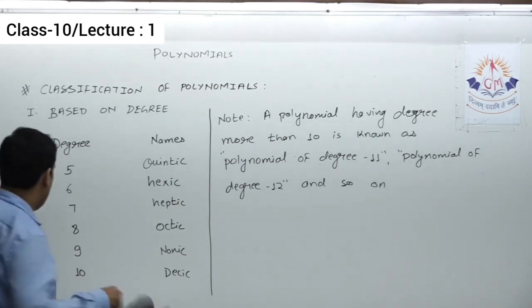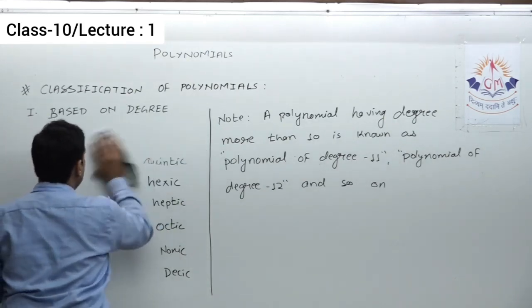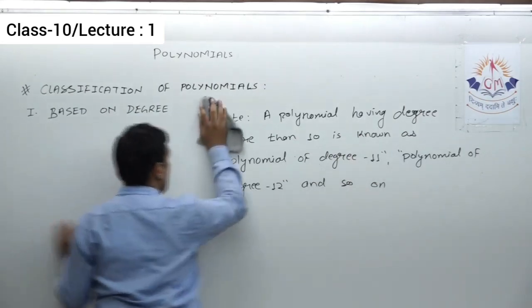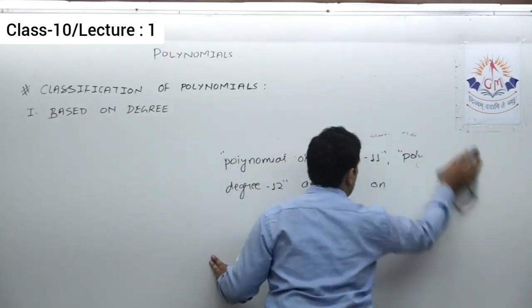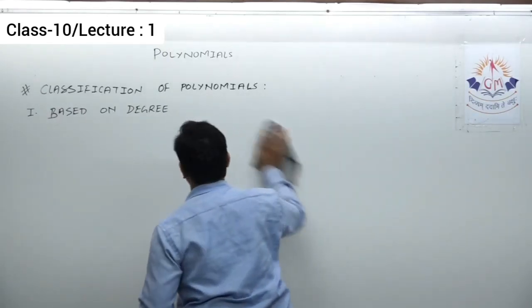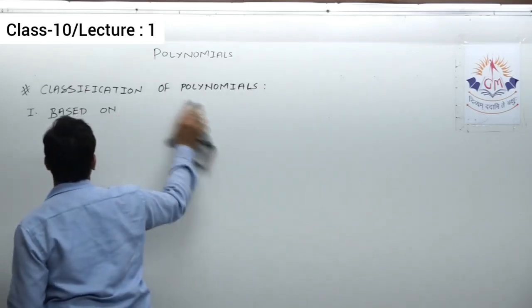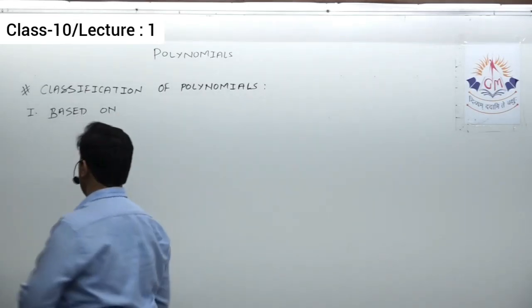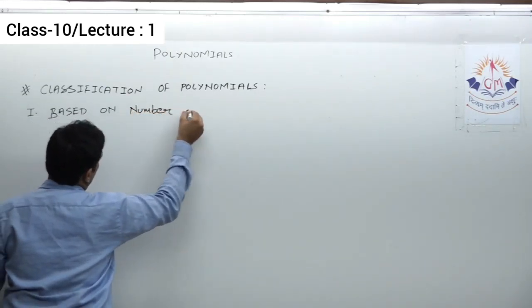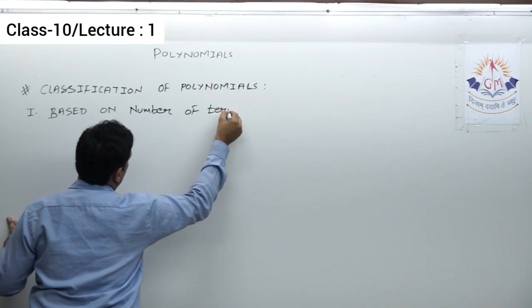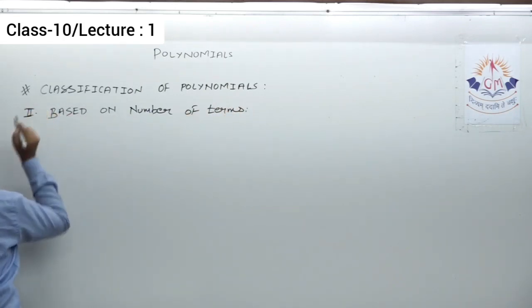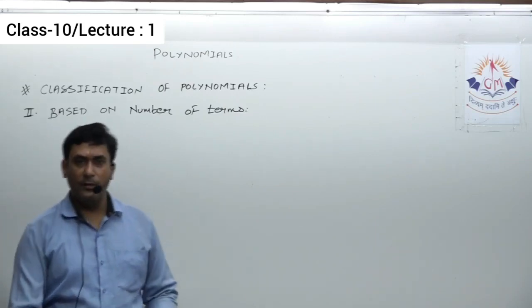Okay, so now let us see based on number of terms. Okay, this is the second type of classification. So it is very easy.